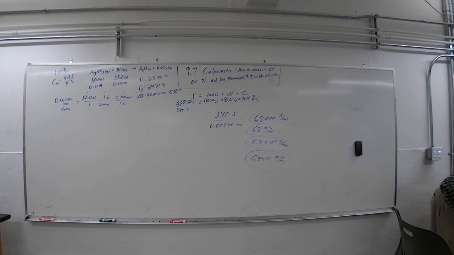Heat capacity and specific heat, there's the examples. Covered that already. Reaction energy, stoichiometry we covered. We've covered all of these except for this one. And the rest of today I'll do this stuff.